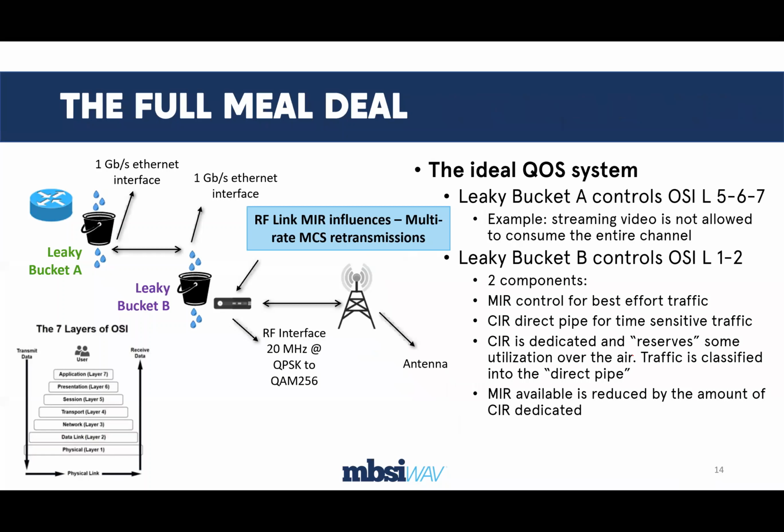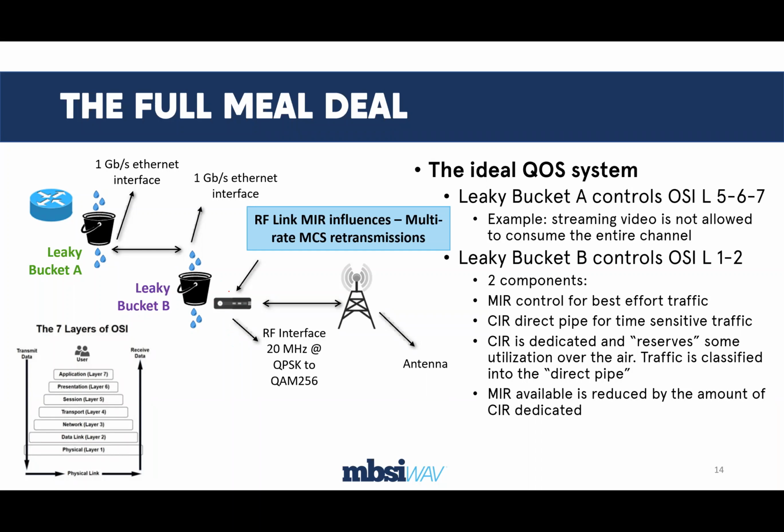What would be the ideal system? So I got a graphic here of the OSI model down in the bottom left-hand corner here, and the definitions for the various layers in here. Let's talk at the start about leaky bucket B. Leaky bucket B is the one we're talking about inside the radio system.